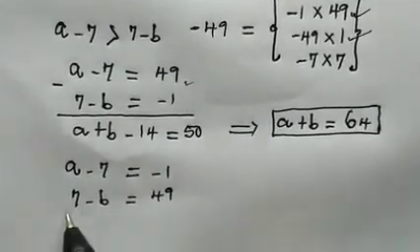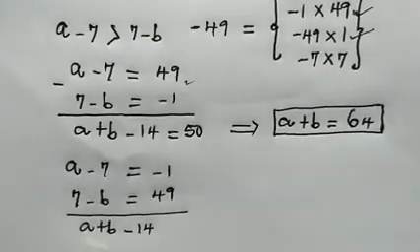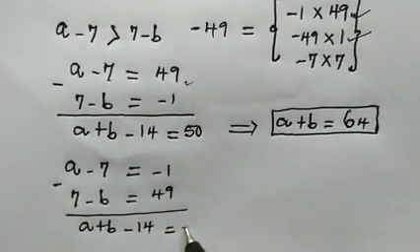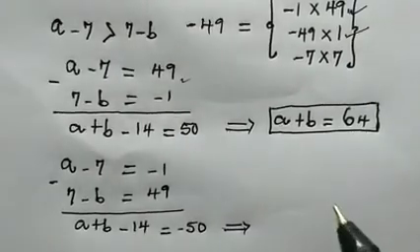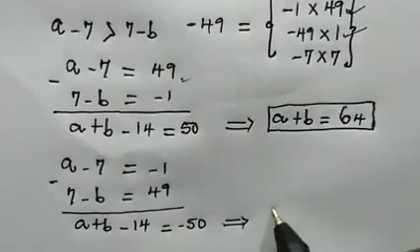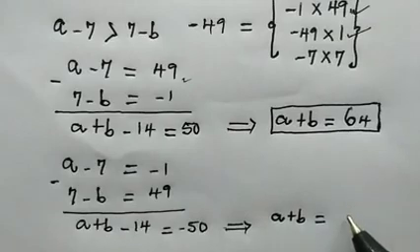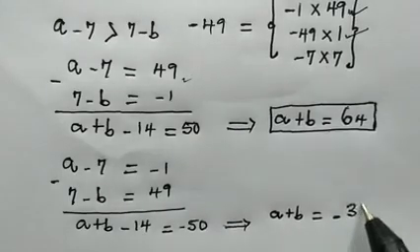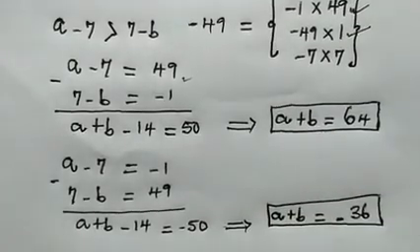If you subtract both equations, we have a plus b minus 14 on the left, then negative 1 minus 49 gives us negative 50. If you add 14 to both sides, negative 50 plus 14 gives us negative 36. So we have a plus b is also equal to negative 36.